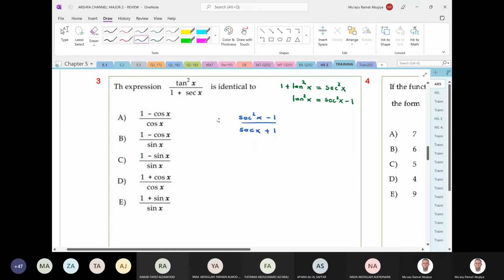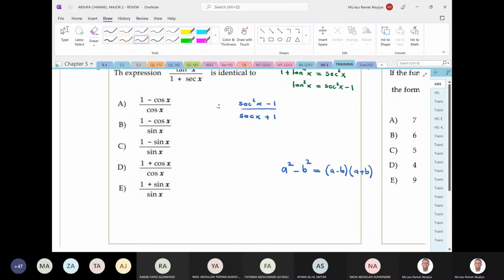If you look at the numerator, you will agree with me that this is a difference of two squares. That means we have A squared minus B squared, which we can write as A minus B multiplied by A plus B. So let us use this beautiful property.